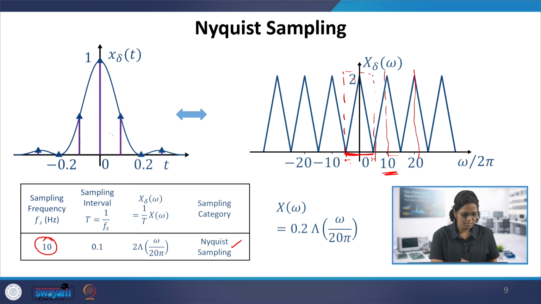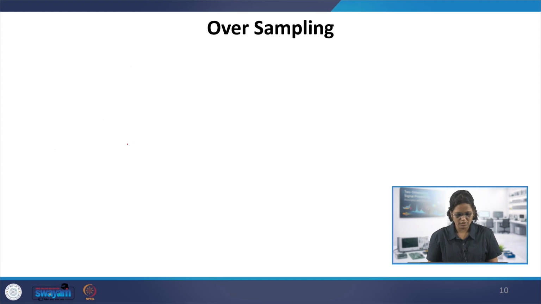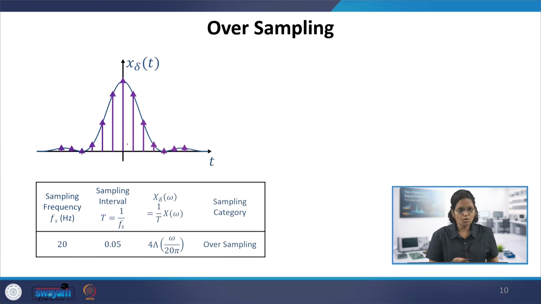You can see the samples are a little more compared to the previous case. You have the right number of samples, but if we use sampling more than that, 10, that is 20, that is called oversampling. We are taking more samples, and T, the time between the two samples, equals 1 by Fs, 0.05, and this magnitude has become 4.